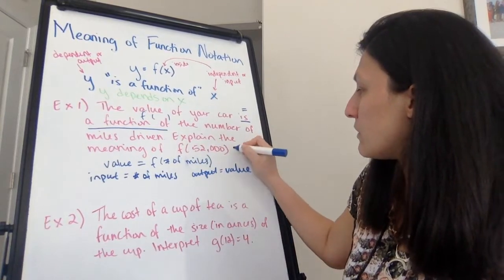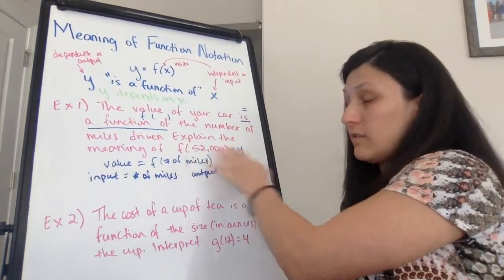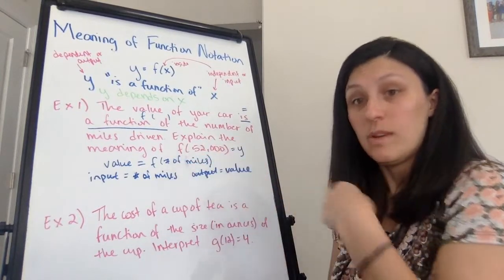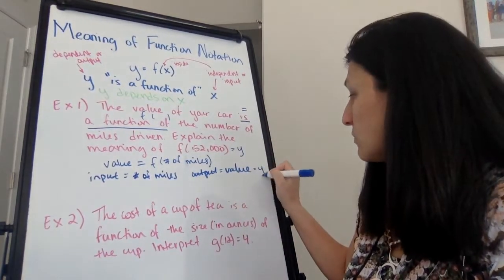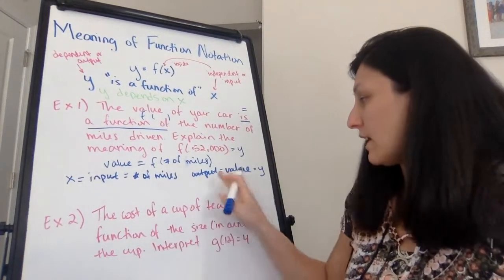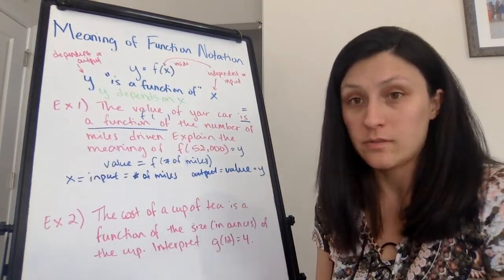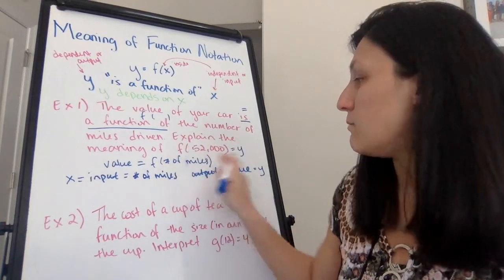So I'm going to just put notes here. This equals y. We don't know what it is because you're not given it in this problem, but we know what y stands for. It stands for the value. So this is the same thing as y, and this over here is the same thing as x. x is the input. y is the output, or the value of your car in this case. So what does this whole thing mean?